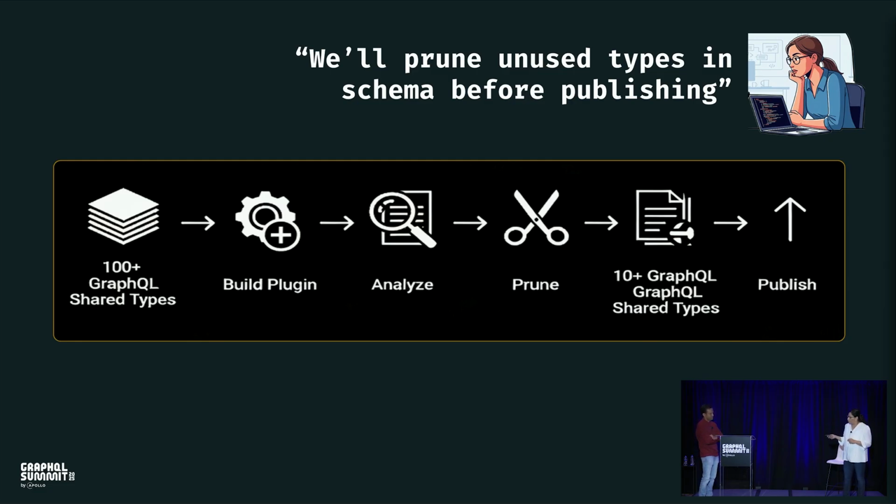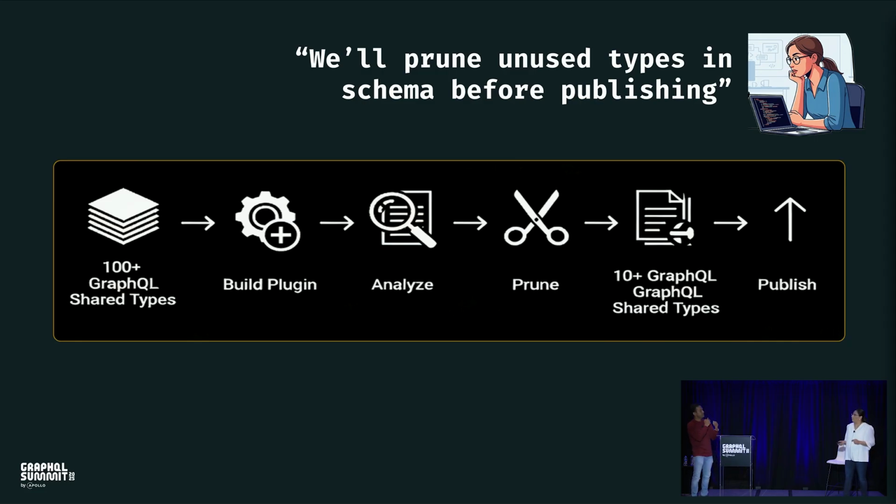Once the newer version of this plugin is available, or it's imported, every subgraph only publishes the shared types it actually uses. This dramatically reduced coordination burden and made evolution much more manageable. We've also updated this newer version of the plugin in our service template so that every new GraphQL service created will have schema pruning in place.